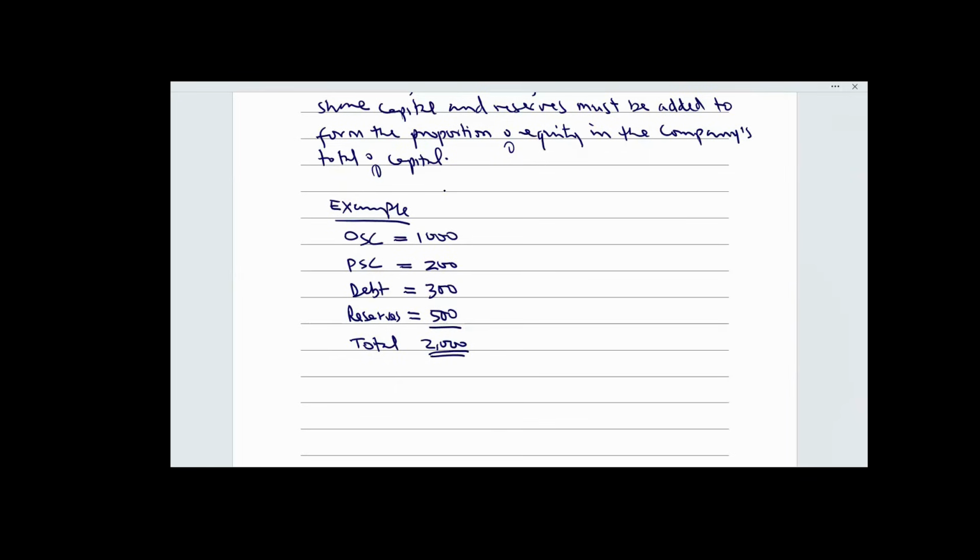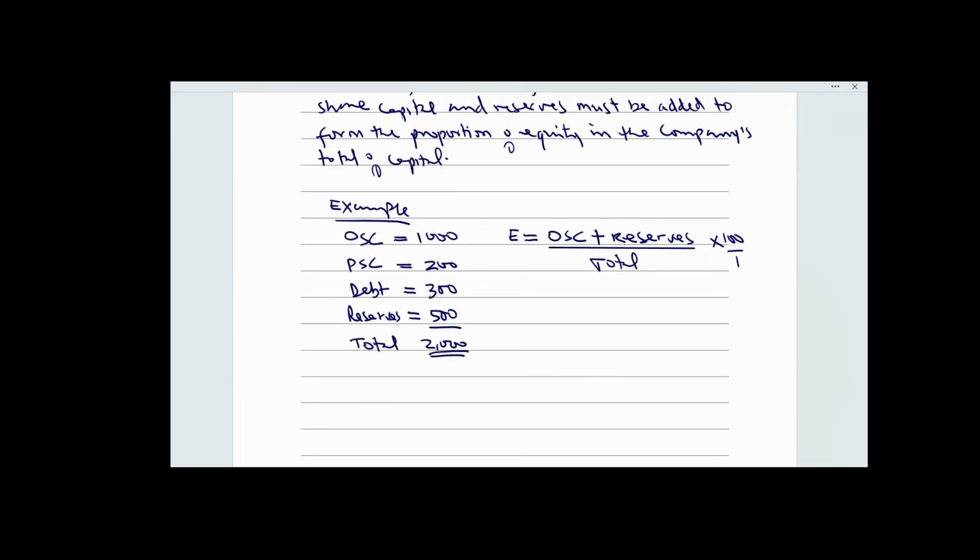To get the proportion of equity, equity is equal to ordinary share capital plus reserves over the total value, multiplied by 100. This will give you the proportion of equity.